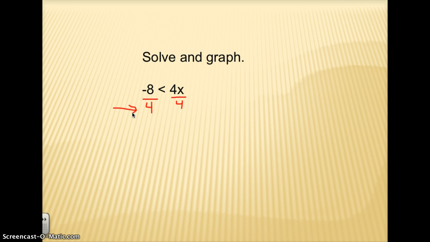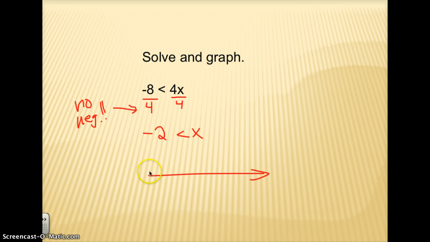Did we divide by a negative? No. We did not divide by a negative. So do we need to flip the sign? No. We don't need to flip the sign. So just because you see a negative number does not mean you flip it. It has to be the number that's with the variable. So we get an answer of negative 2 is less than x.